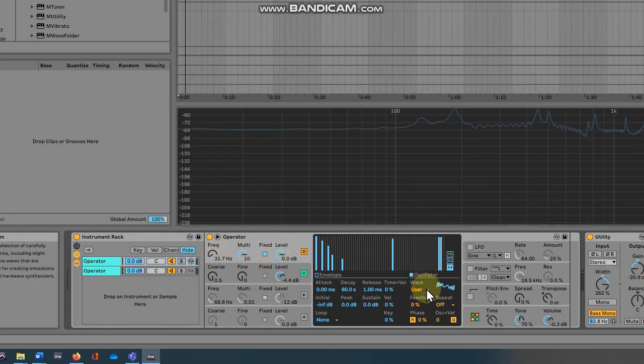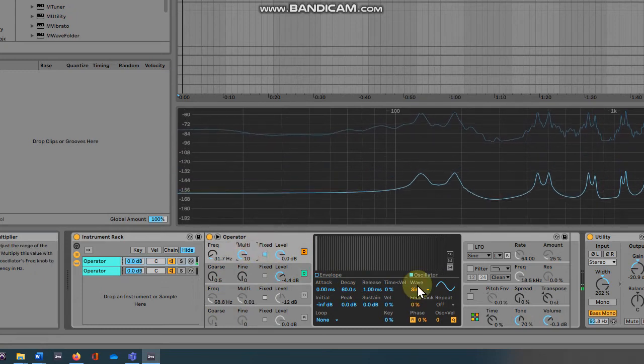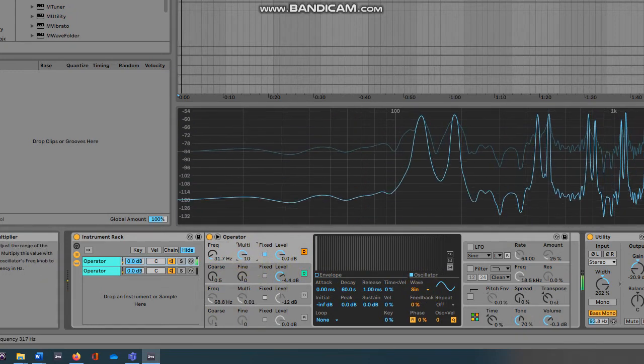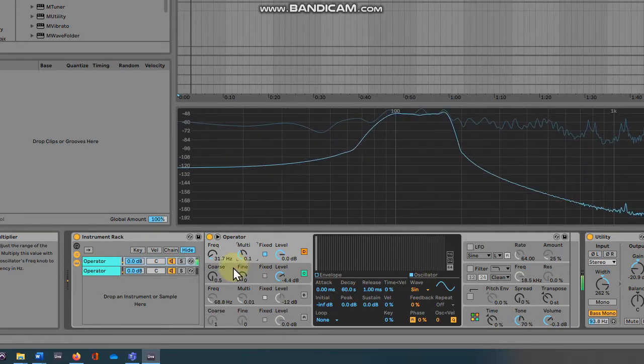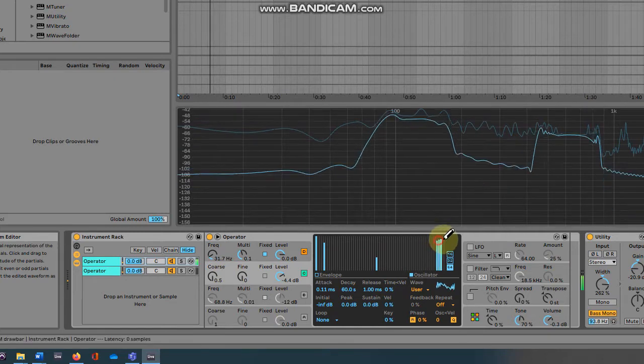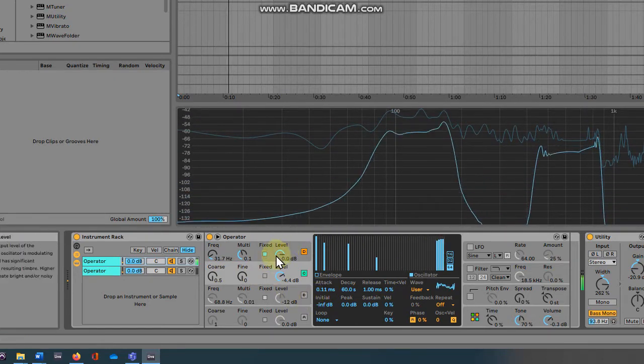And we can go back to a sine wave for the modulator, and we can do the same thing with the carrier. So that's very nice.